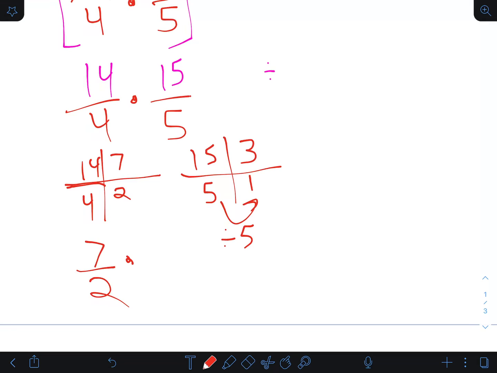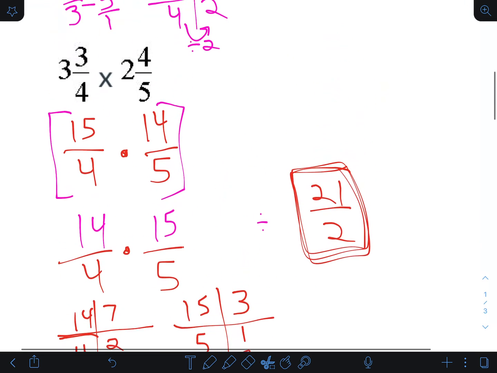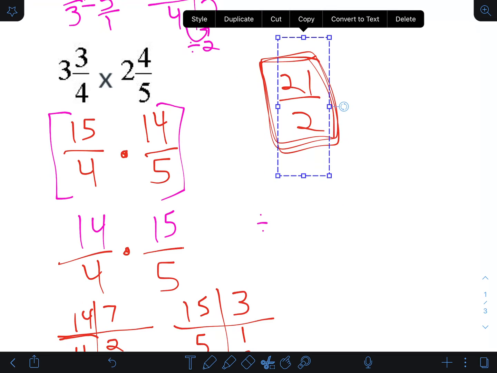That's 3 over 1. That's a lot easier to multiply. So 7 times 3 is 21. 2 times 1 is 2. 21 over 2 is our final answer for this. And that is a whole lot better than 210 over 20.